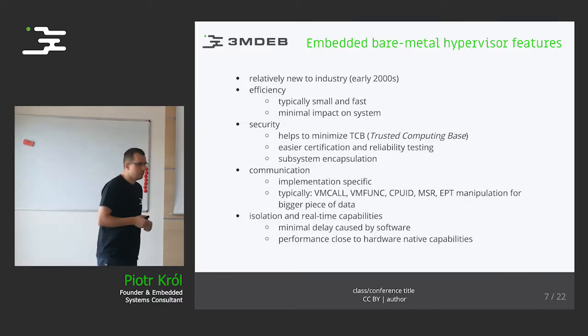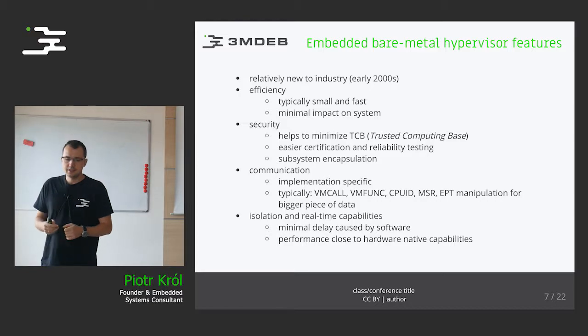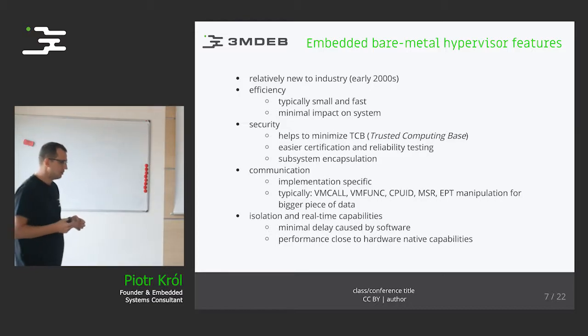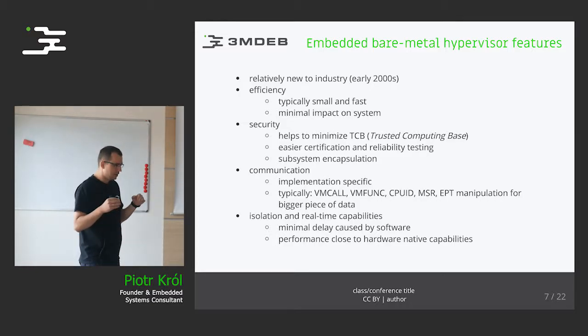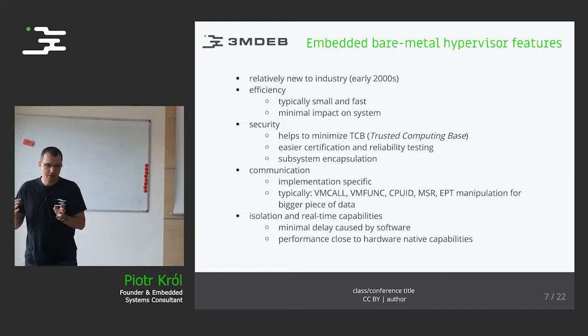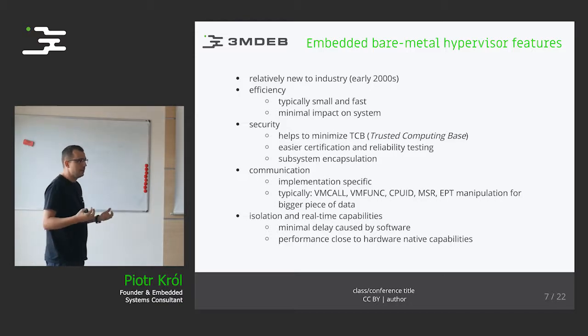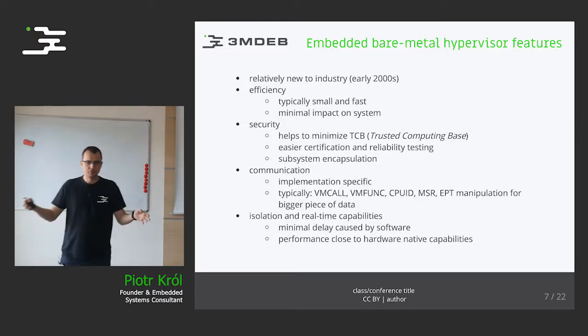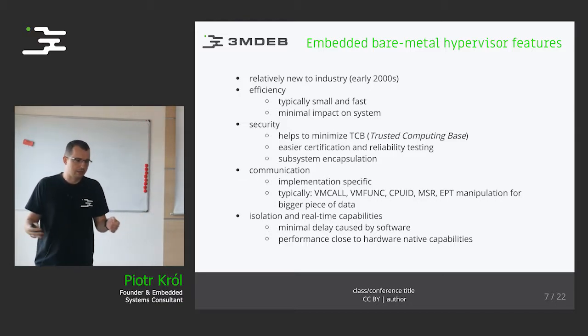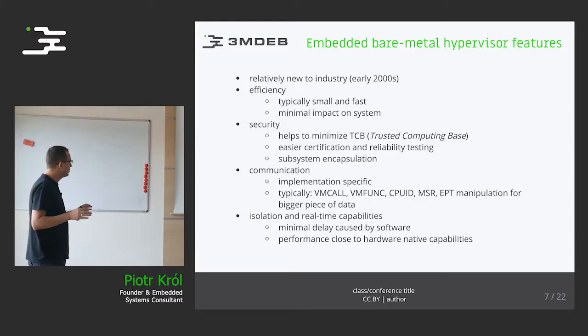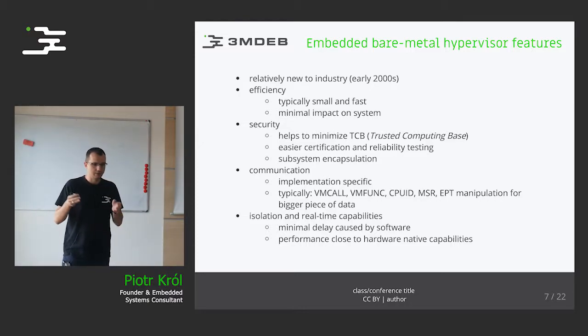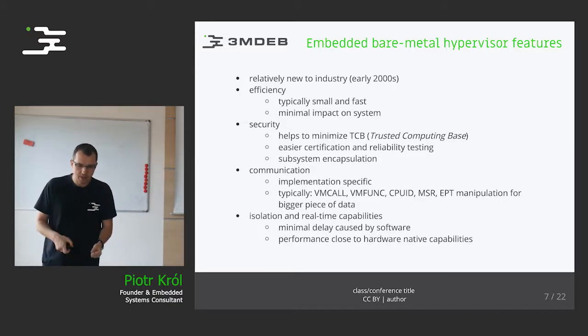The hypervisor has minimal impact on the system. To be honest, it just builds this layering and encapsulates some existing hardware, and does not provide, like Xen, a lot of support for various devices and tons of features. Embedded hypervisors are very narrow, application-specific use cases.